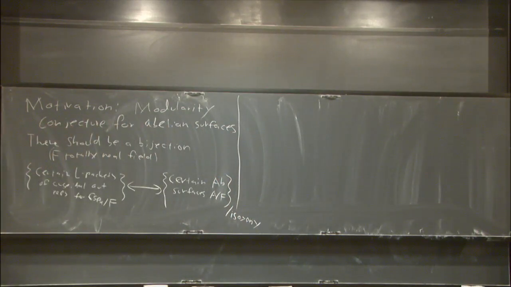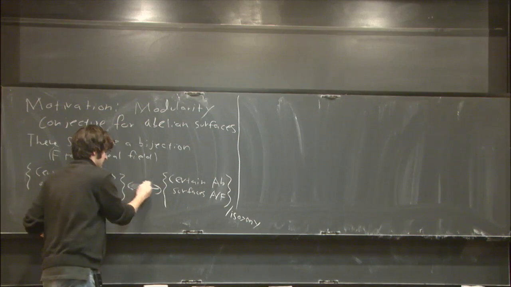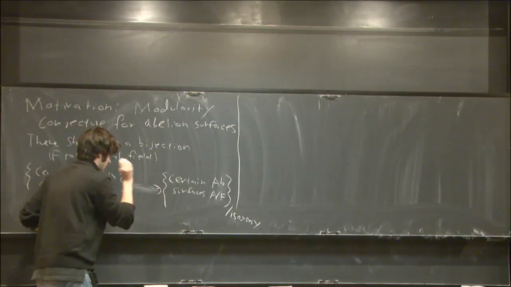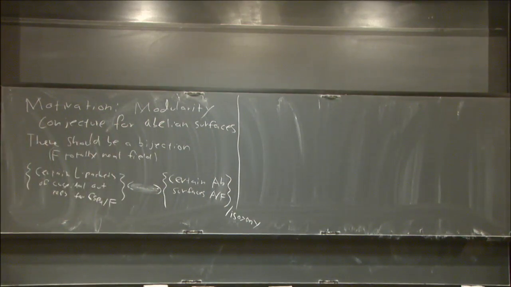And I guess Vincent already explained various ways to make this more precise, so for now I won't say much. Maybe I should make this a dotted arrow, because we really don't know very much about this.